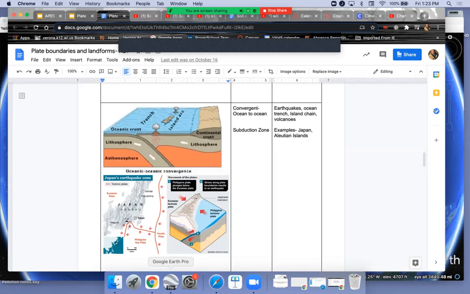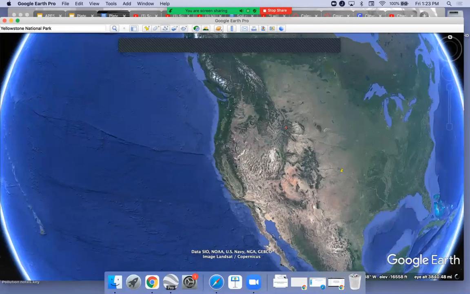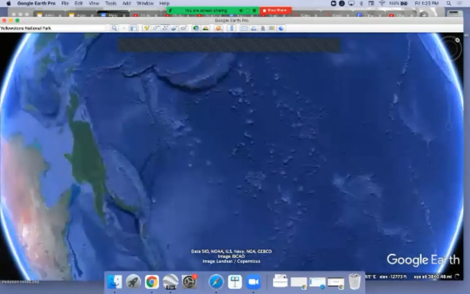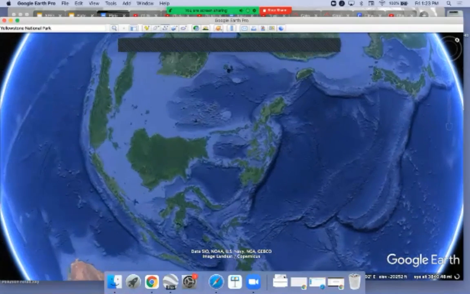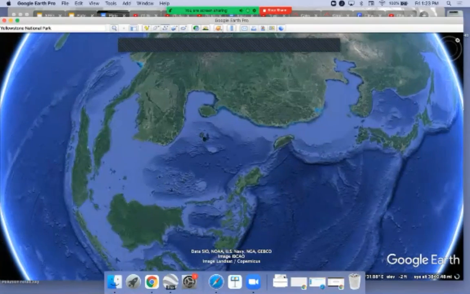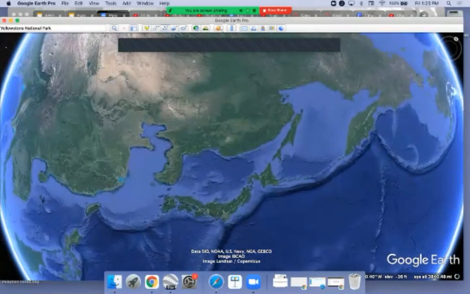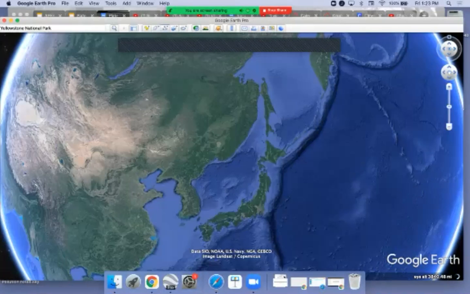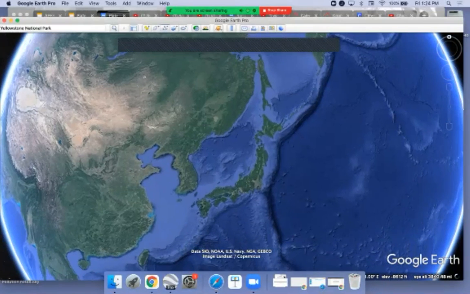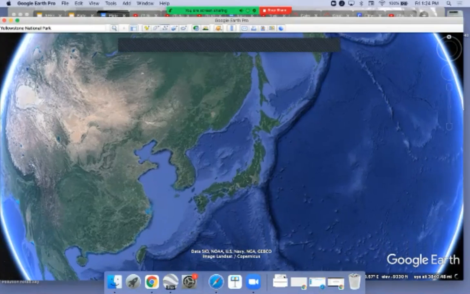So if we cruise on over here to Japan, we'll find along Japan, we will find the presence of lots of mountain ranges. Got to get this back to north. We will find an ocean trench. The ocean trench is the indication that there's subduction taking place.